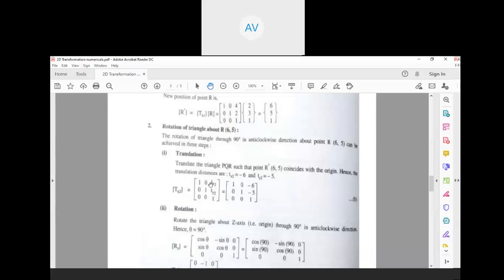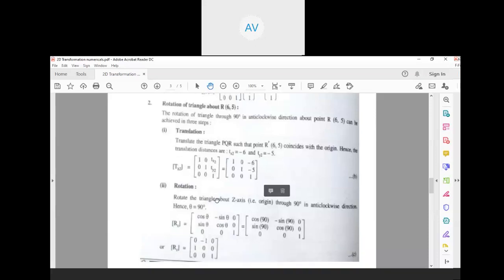Here in this translation matrix, I will write -6 and -5. So this is the translation matrix. Through this, the object will be moved to the origin, coinciding with the origin. Once it is fixed to the origin, we will rotate it by 90 degrees. For the rotation matrix we know cos theta, minus sin theta, 0; sin theta, cos theta, 0; 0, 0, 1.